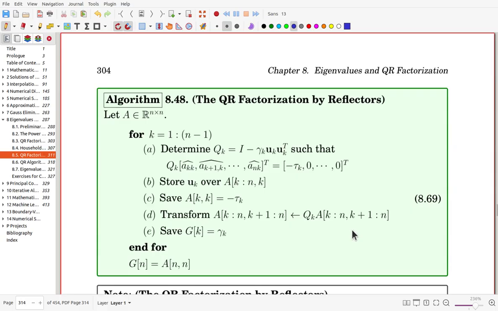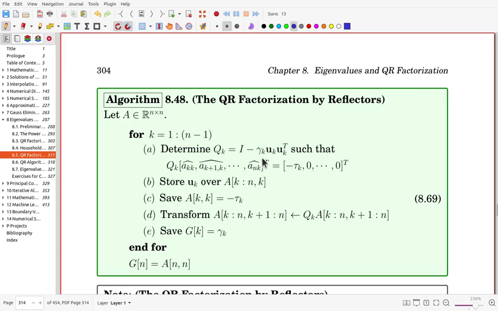Okay. Here we have the QR factorization by Householder reflectors. A is a square matrix, and k is moving from 1 to n minus 1. For each pivot column, we can formulate the reflector.